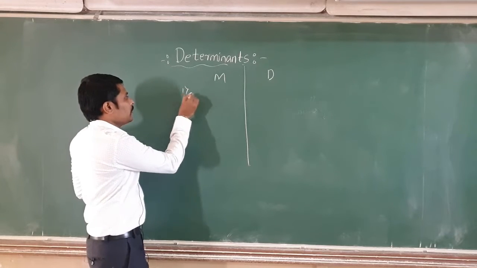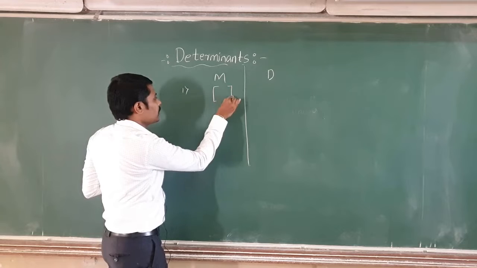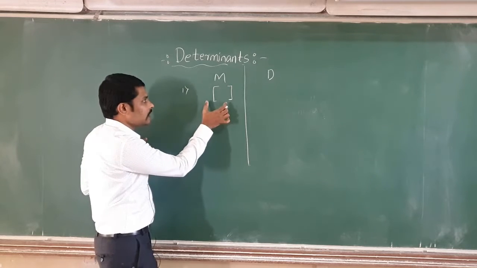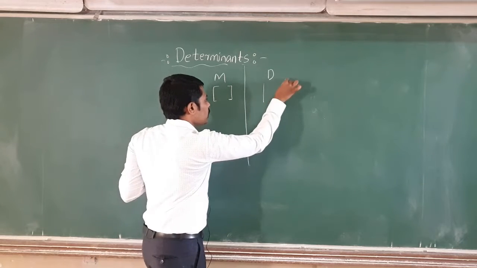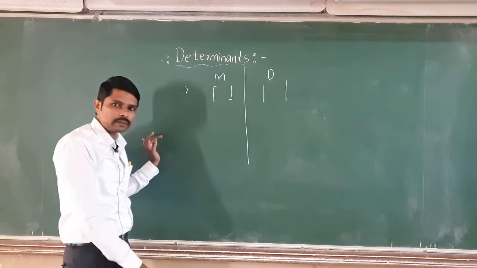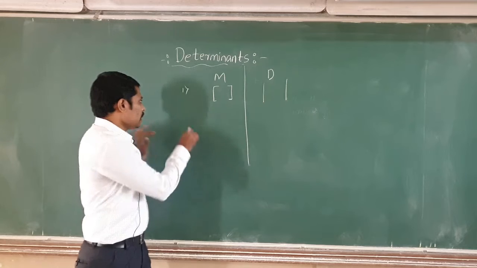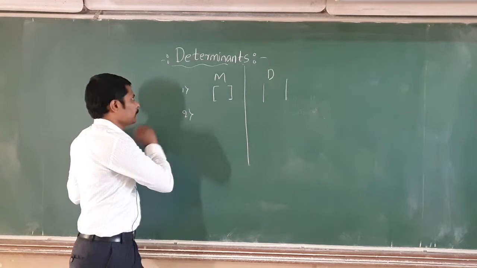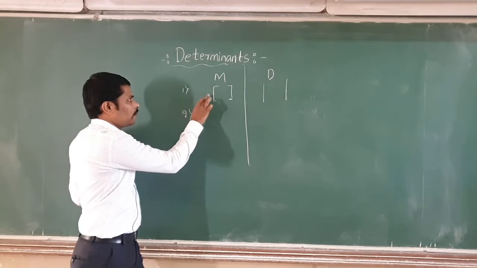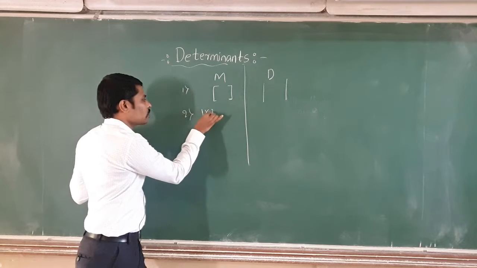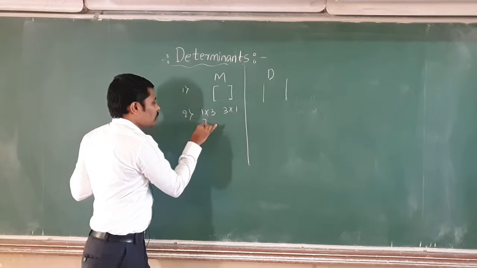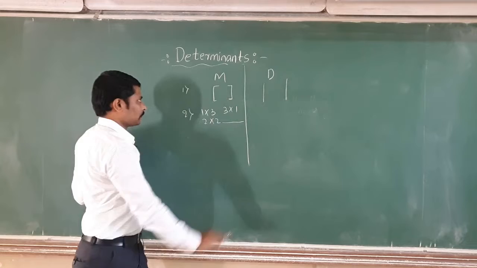First thing, matrix is denoted by this symbol, determinant is denoted by this symbol. Then the second very important point: the order of a matrix may be anything, maybe 1 cross 3, 3 cross 1, 2 cross 2, any order.